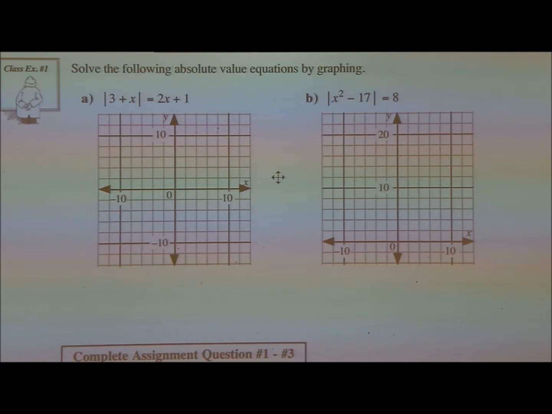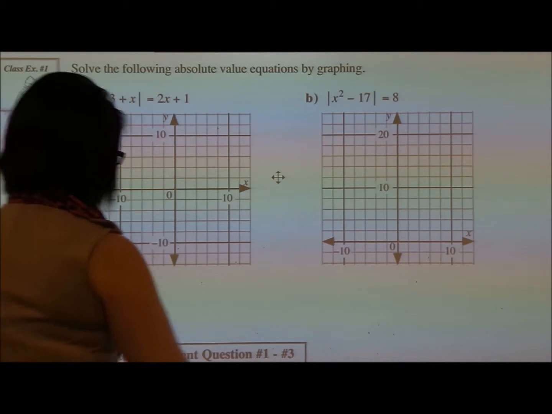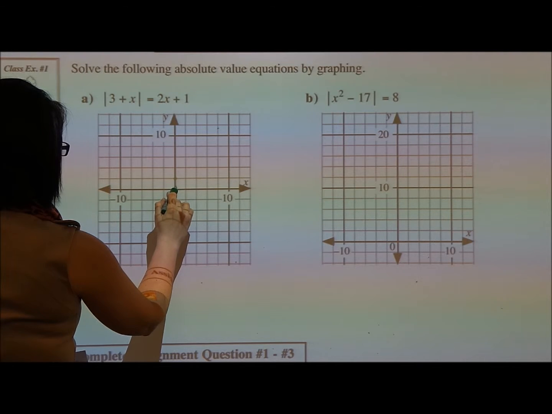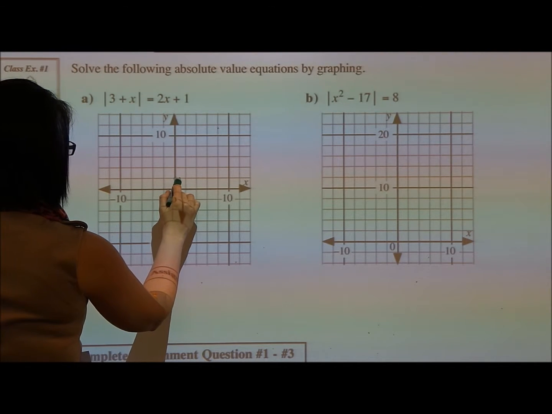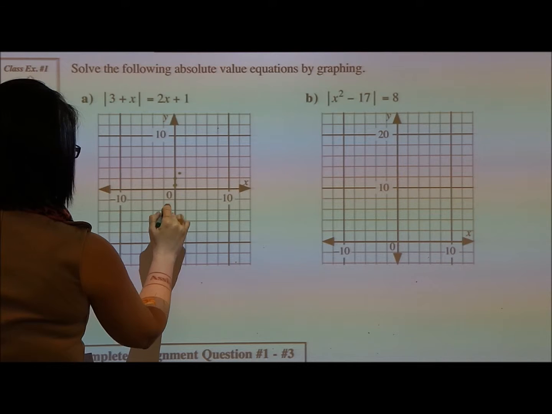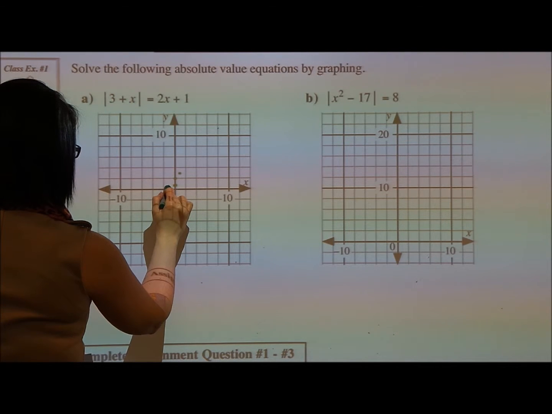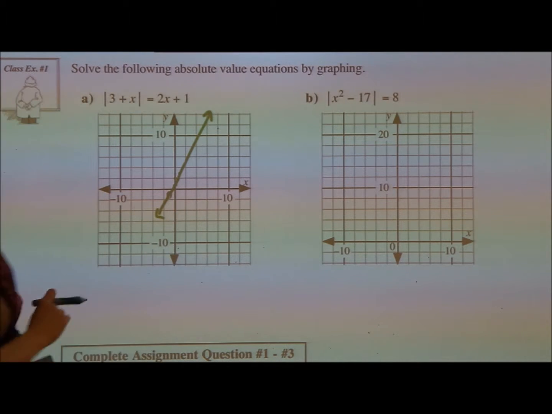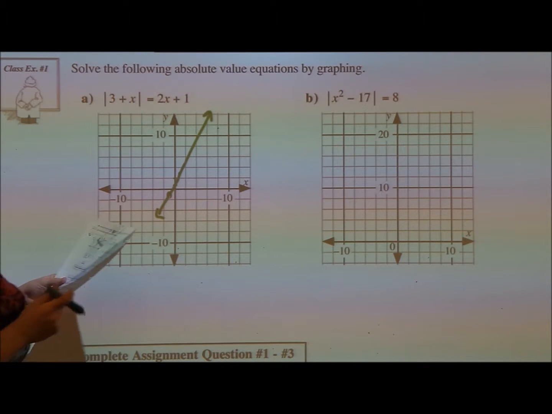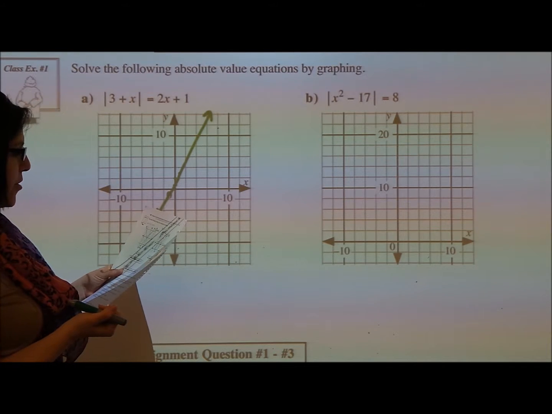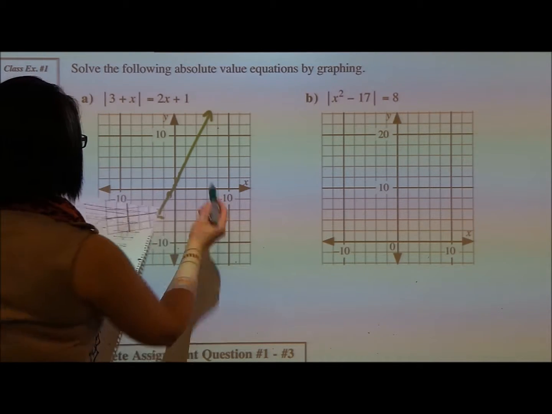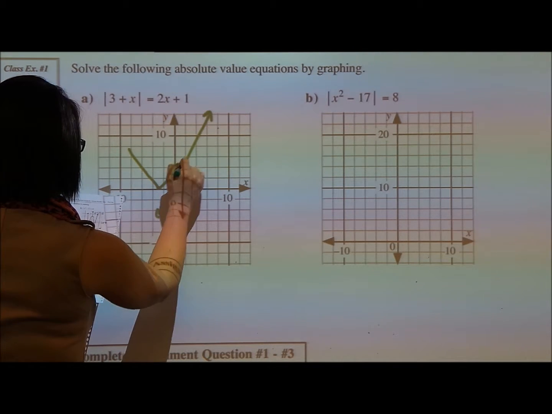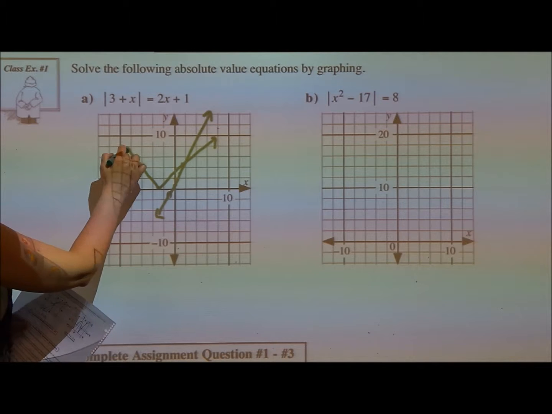Okay, so if we were to graph this, there's my 2x plus 1, and then my absolute value of 3 plus root x. It looks like this.